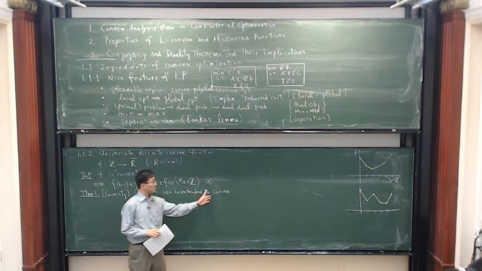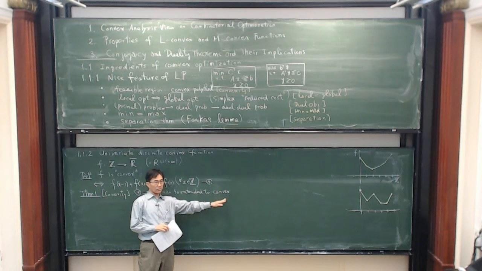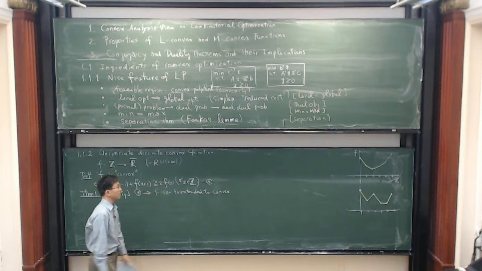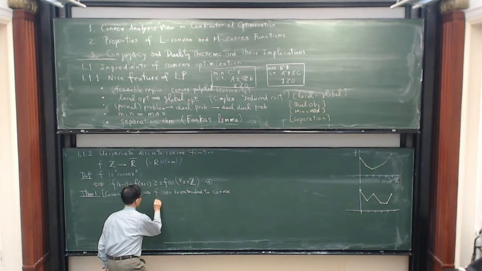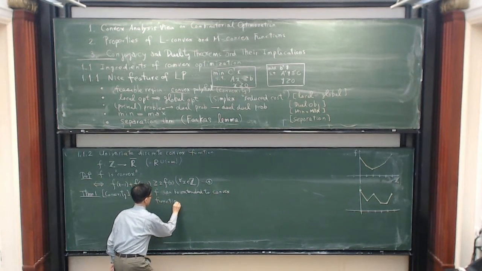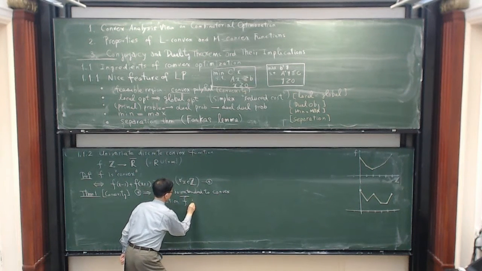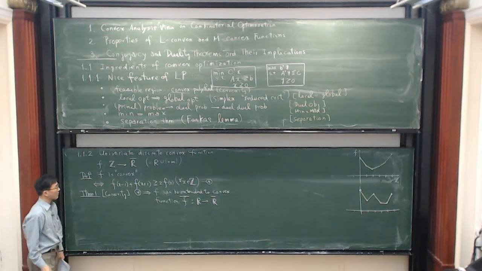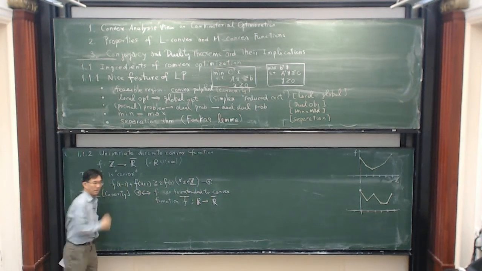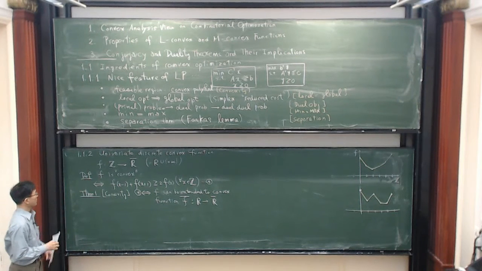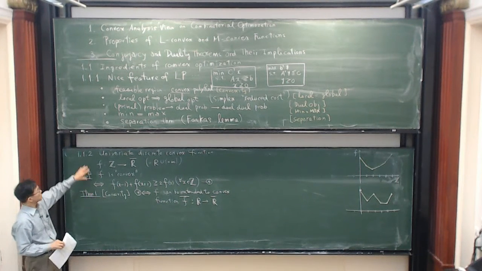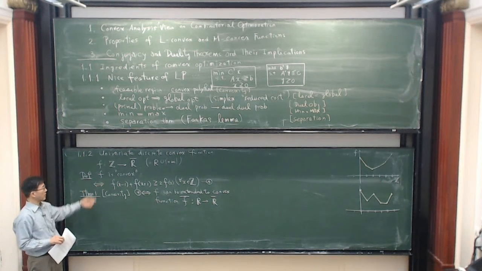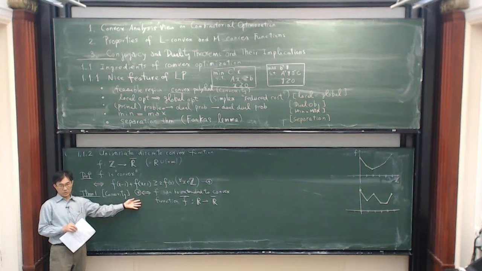Here I don't write quotation marks because this is an already defined concept. Okay? A convex function in real variables. Now actually this is if and only if. So we have a theorem showing that we define some convexity somehow, then it is compatible with the convexity that we already know.